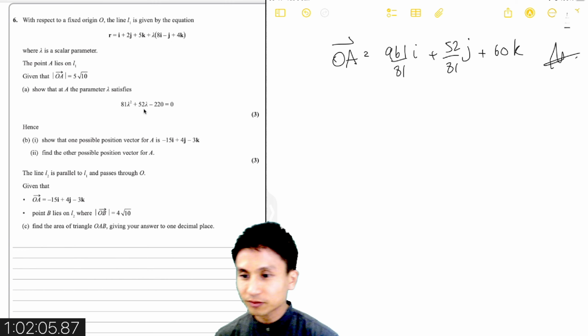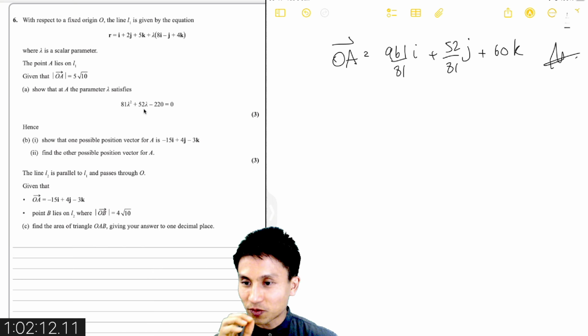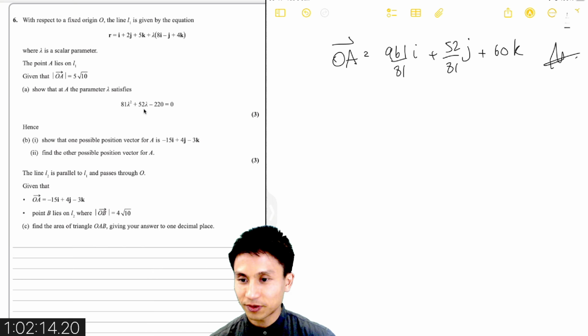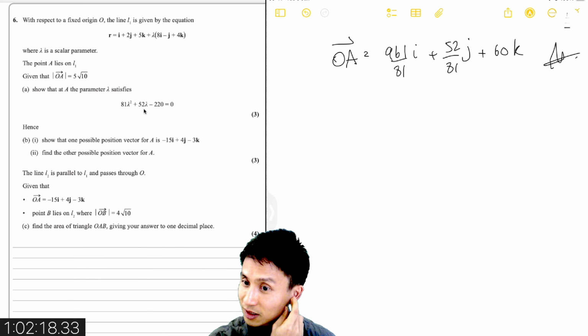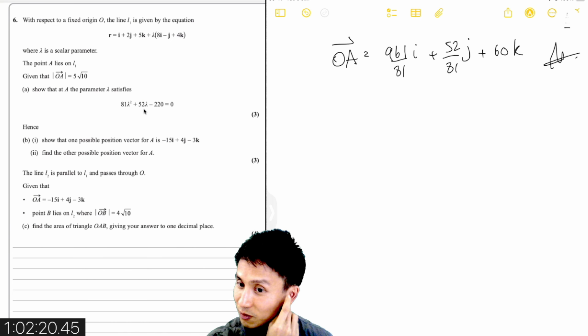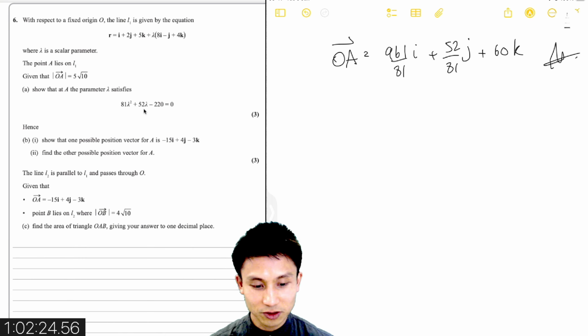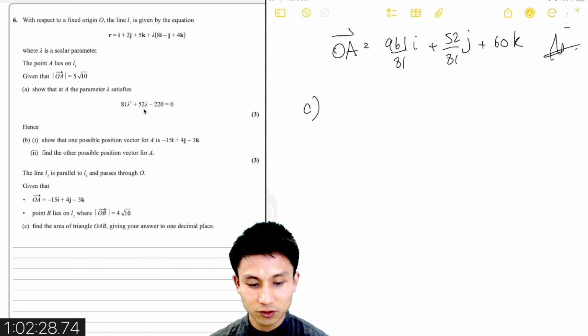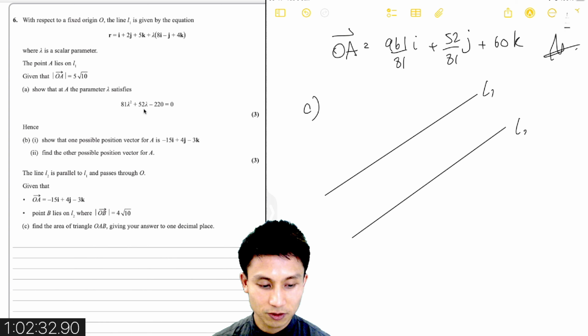Okay. Point B lies on L2 where OB is 4 root 10. Find the area of triangle OAB. Okay. So let's draw some lines, yeah? L2 parallel to L1 first, so that's L1, that's L2.